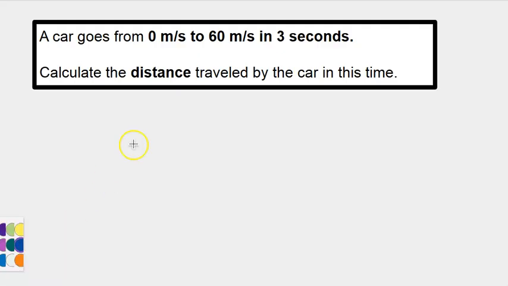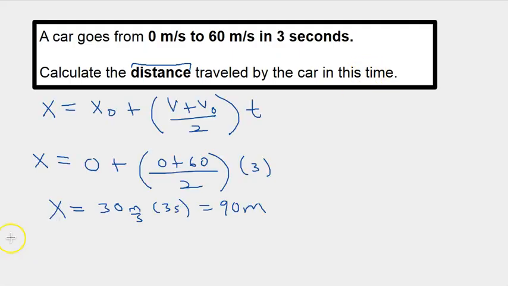All right, let's see how this works. A car goes from 0 to 60 in 3 seconds, and we want the distance traveled by the car in this time. So practice your formula, and then we'll compare notes. All right, so this is the don't care about acceleration position formula. We did not have a head start. We just want the distance traveled from where it started, so that's 0.